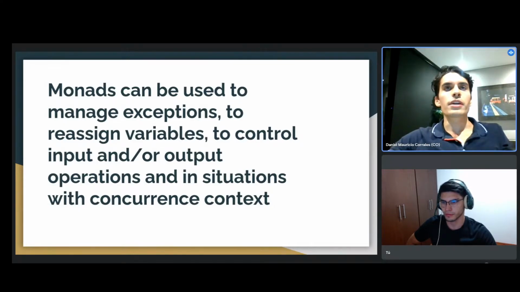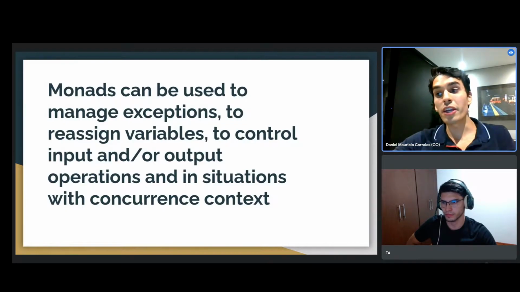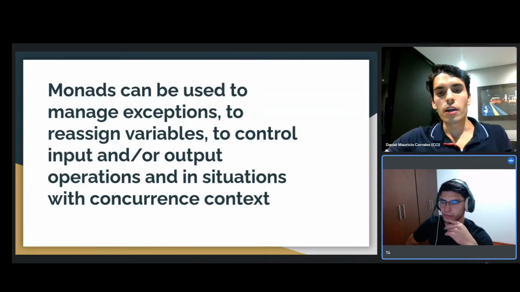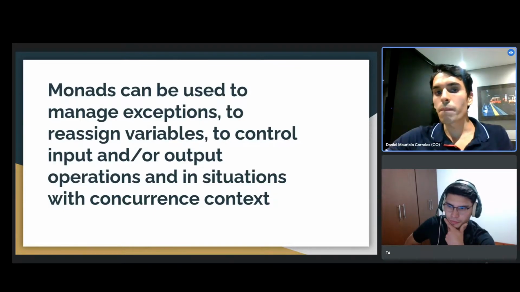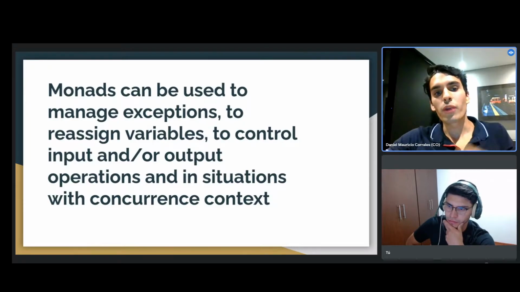And if we have variables, we can do different things, not only manage exceptions. If we have to reassign the input and make a simple operation, we can do this with the function.